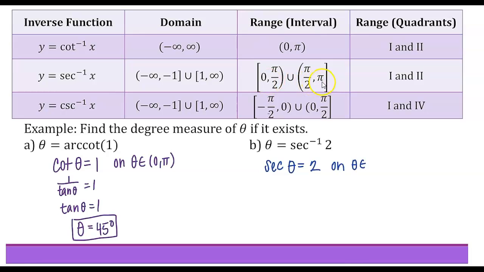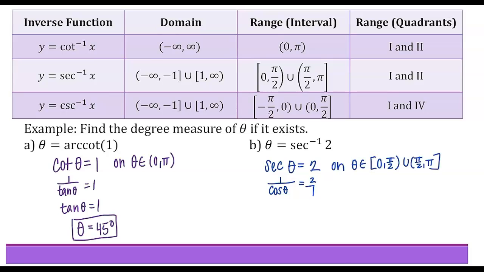So that's going to be from 0 to pi over 2, not including pi over 2, and pi over 2 to pi. Once again, I am going to avoid using secant and switch myself over to cosine using a reciprocal identity. 1 over cosine equals 2 over 1.